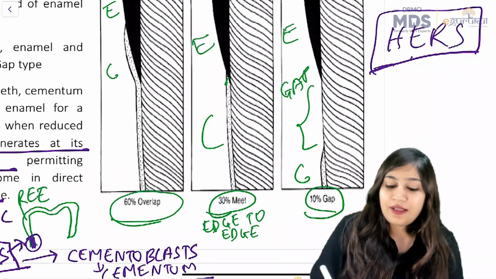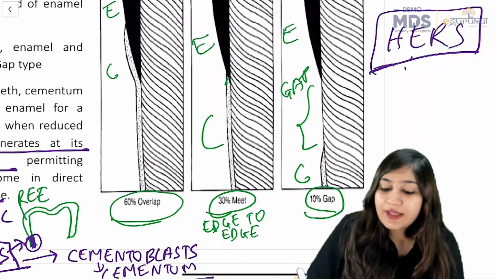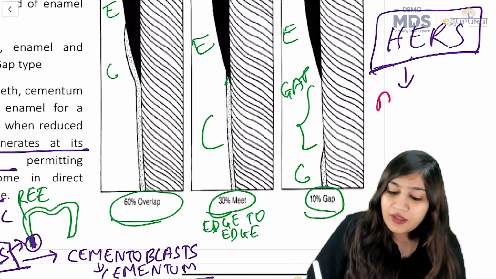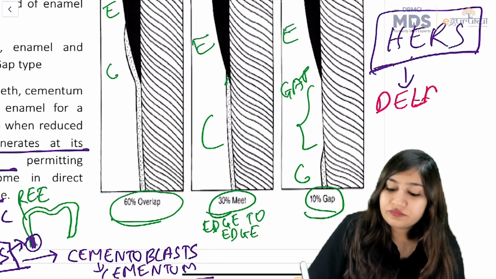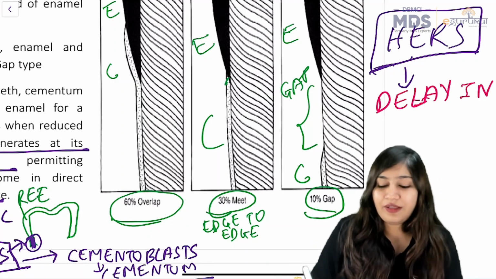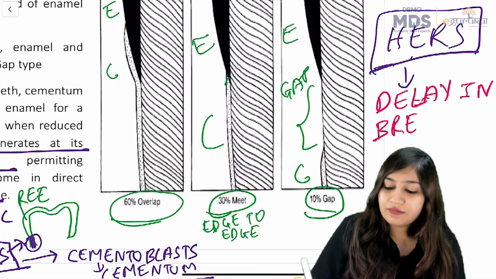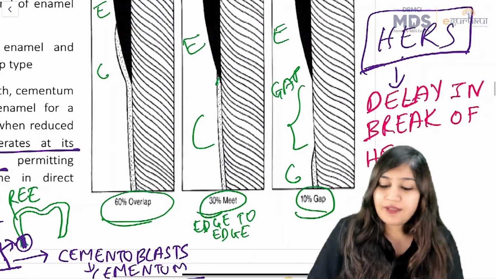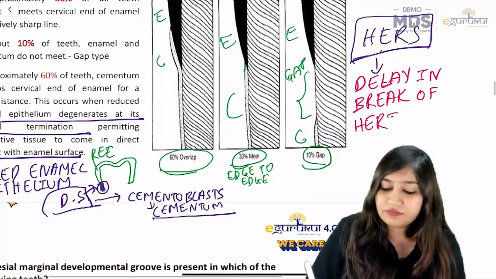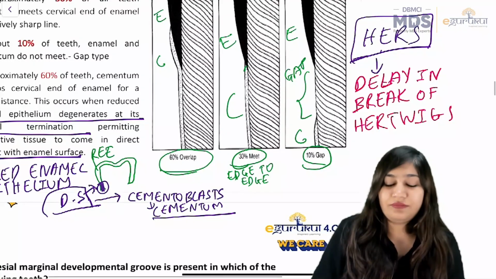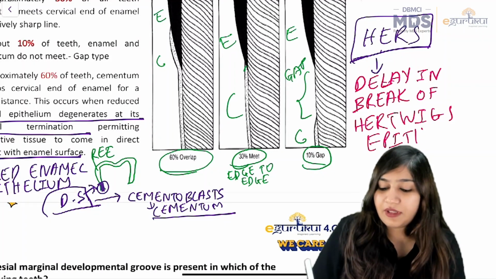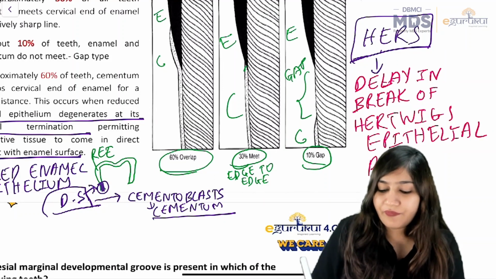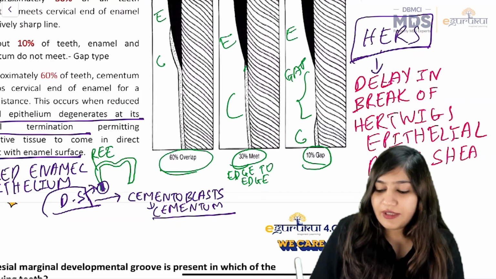But in case of this gap junction, there is a delay in break of Hertwig epithelial root sheet, right?